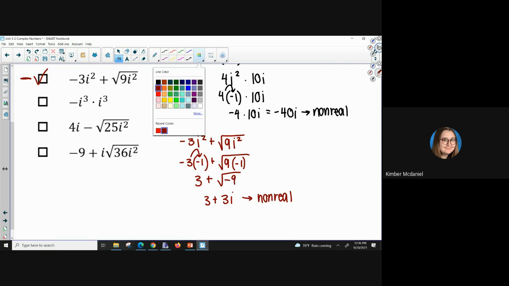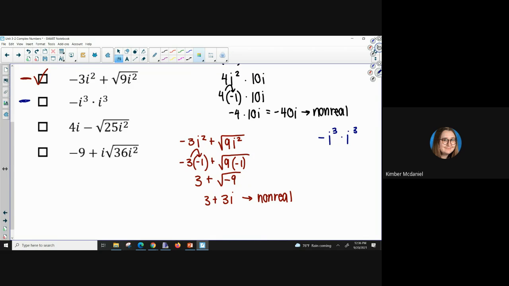I'm going to do the next one in blue. So let's look at the next one. It has -i to the third times i to the third. Now, if you're looking at those i to the thirds and you're thinking, okay, well, let's replace them with what they are. You can do that.